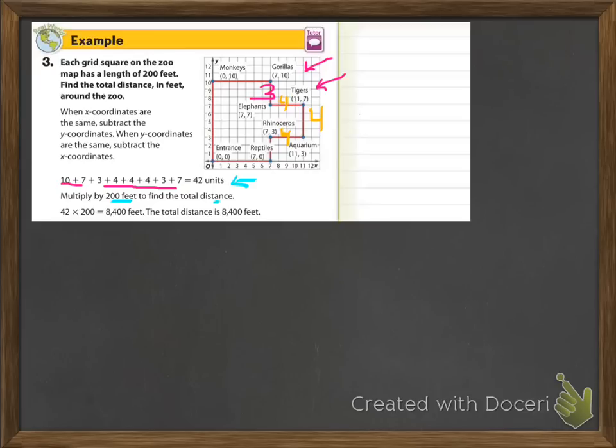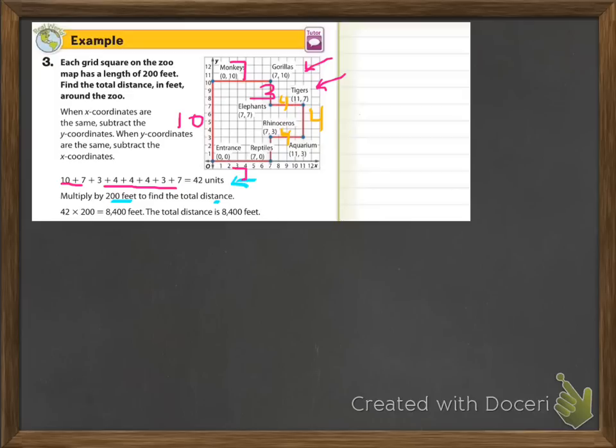Then we go from the monkeys and the gorillas, and 10 is the one that they share, so that means that this up here is 7 because 7 minus 0 is 7. And then to go from the monkeys to the entrance, notice they share the zeros for the x-coordinate, so 10 minus 0 is 10. So that's why that side length is 10. So from the entrance to the reptiles, they share the 0 in the y-coordinates, so the x-coordinate is 7.